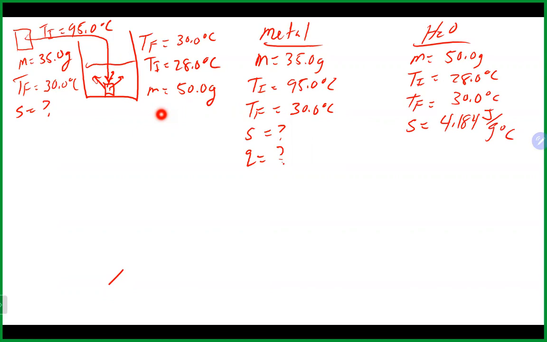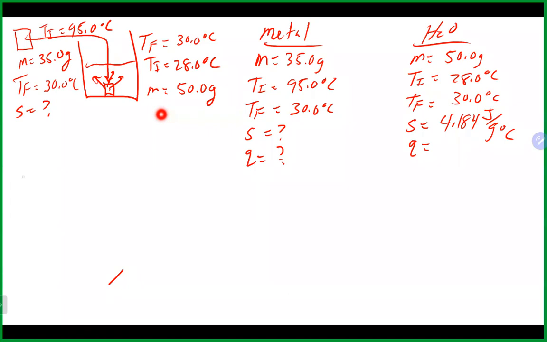Again, that's the specific heat capacity for liquid water. So if we evaluate what we have enough information to solve, we could see that for the water, we basically have enough information to figure out how much heat the water is going to absorb as a result of the metal going for a swim.